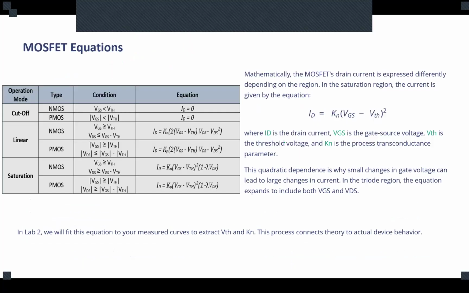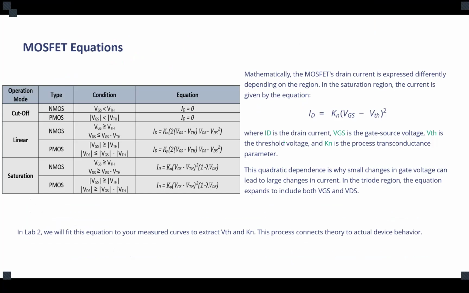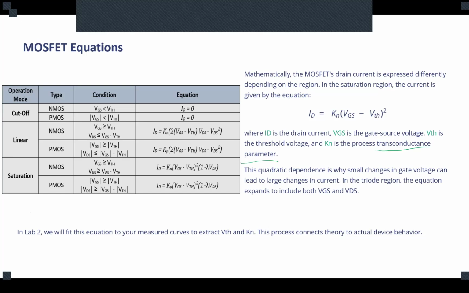Now, in order to calculate the current of the drain, which is basically our output, versus the voltage between gate and source, which is basically our input, you can use this formula: the current is equal to Kn, which is the transconductance parameter of your MOSFET given in the datasheet.